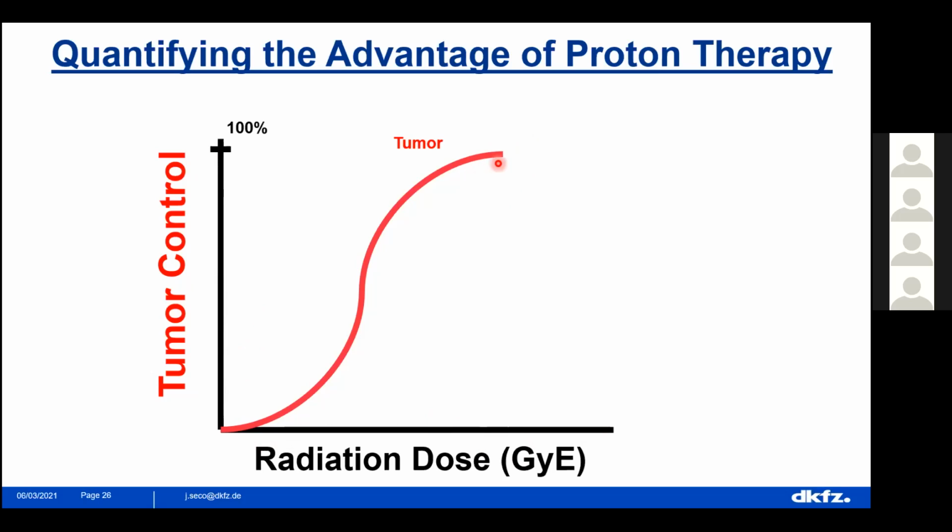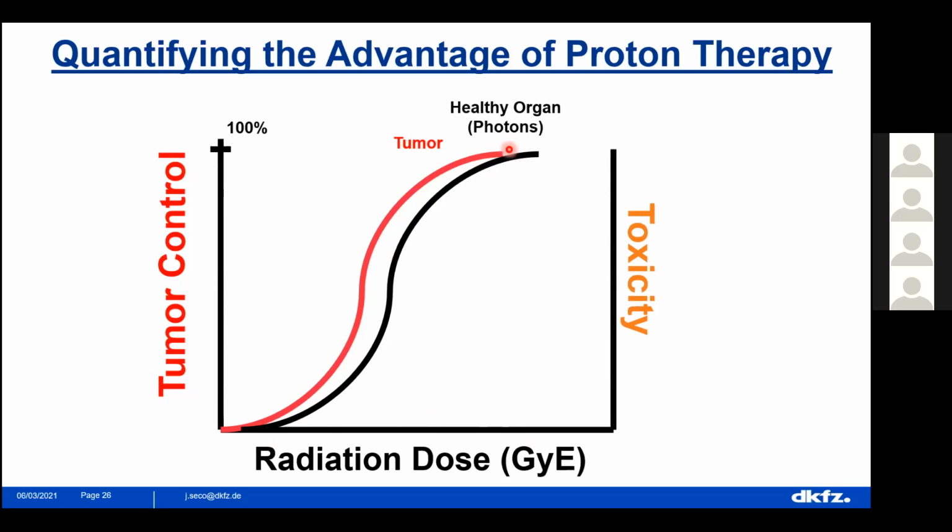If I give 100 or 200 or 500 gray, eventually I will destroy the tumor. The big problem is the healthy tissue. I cannot keep increasing the radiation to the tumor without having side effects on the healthy organ. And here's an example of a photon curve. The small shift between the two of them is effectively related to DNA repair of the cancer. Usually the cancer has worse DNA repair, and so you have a small advantage between the two of them.